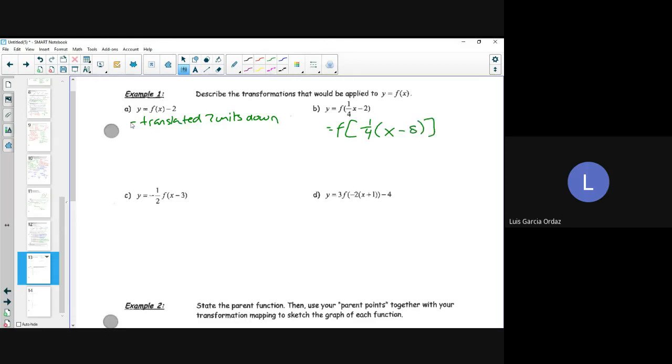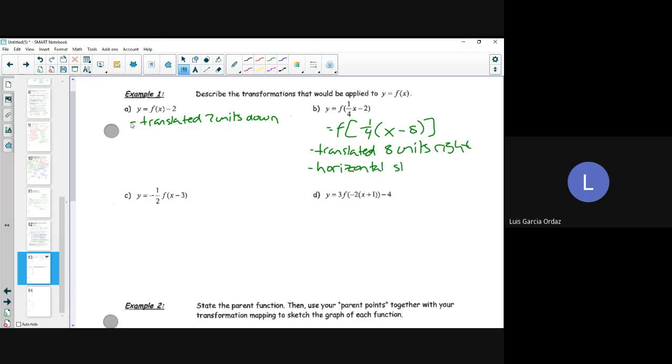So here we have 2 transformations. What's the first one? Translation to the right. Okay, no one wants to say the hard one because they're going to get confused. It's going to be the opposite, so it's going to stretch by a factor of 1 over 4.